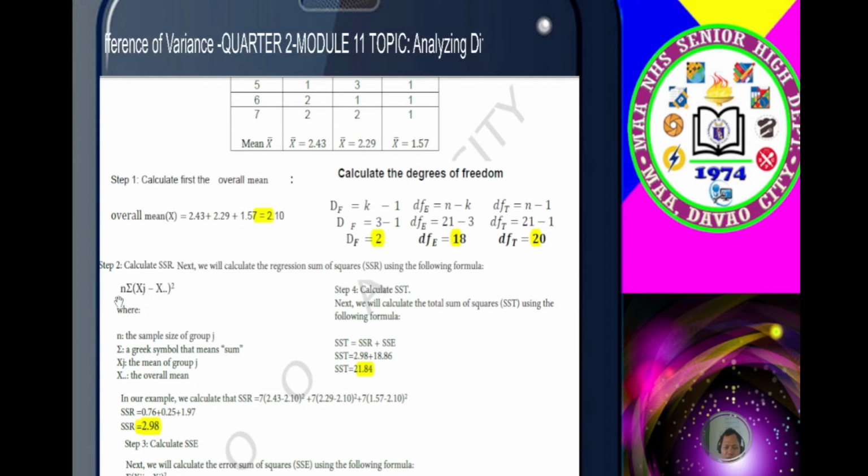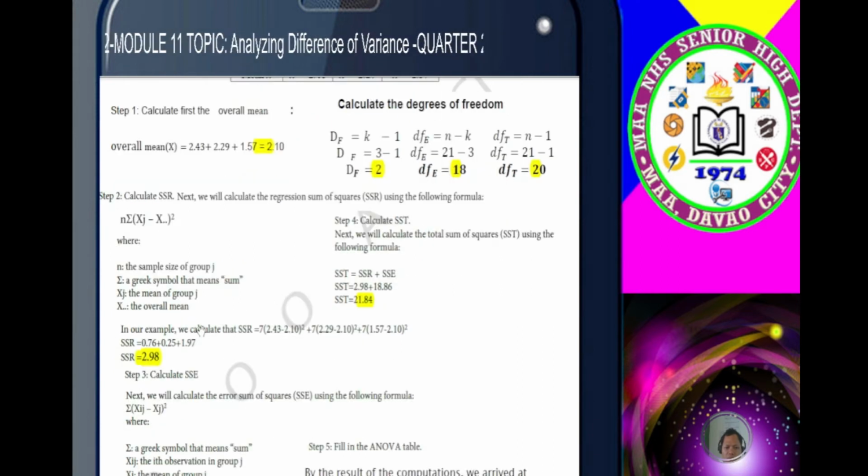I repeat: the formula is n times the summation of the mean of our x, for example blood type A, B, or O, minus the overall mean, which is 2.10.